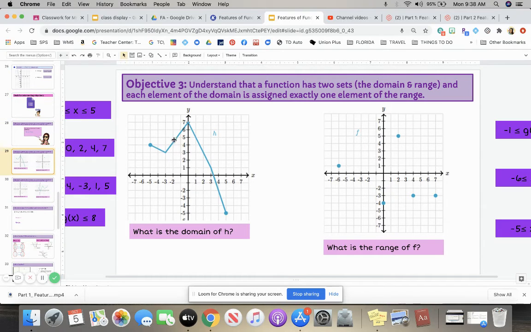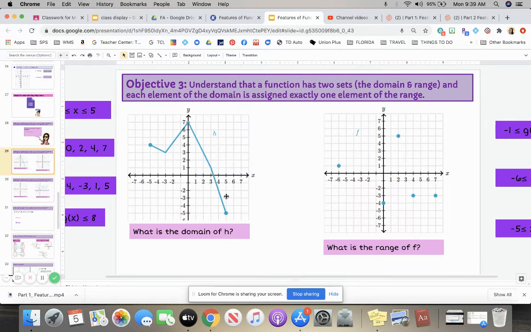Okay. So let's see. What is the domain of graph H? So the domain is our x values again, okay? So let's look. Our first point starts at -5, and then it goes all through here, and then our last point ends at +5.